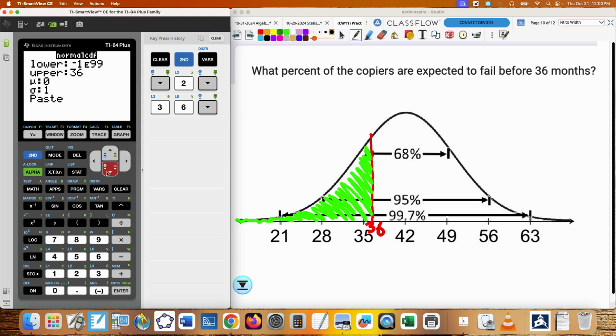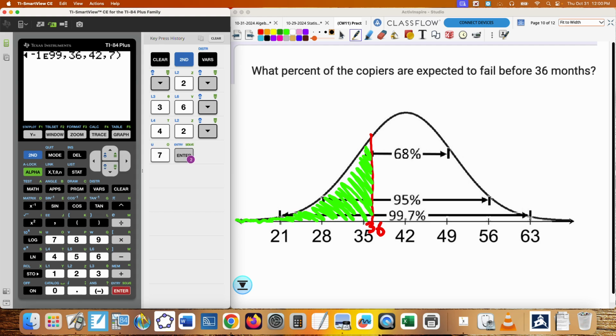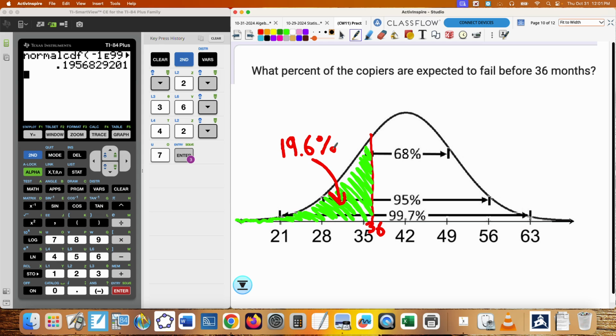Specify the mean of 42 months and the standard deviation of 7 months. Hit paste, and we have our answer. 19.6%. We would expect 19.6% of these copiers to fail before 36 months. So 36 months is 3 years. 20% of these roughly are going to fail before they're 3 years old.